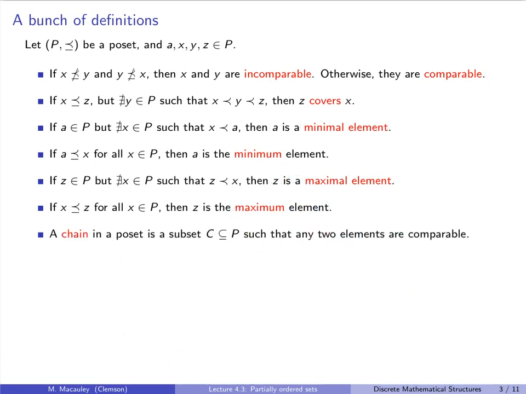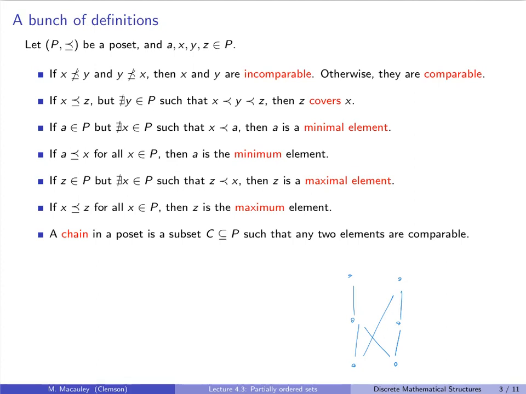A chain in a poset is a subset C such that any two elements are comparable. So going back to our previous example, something like this, and I don't care about the other stuff.